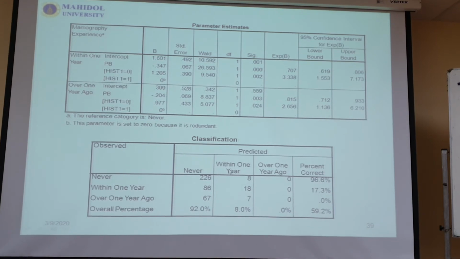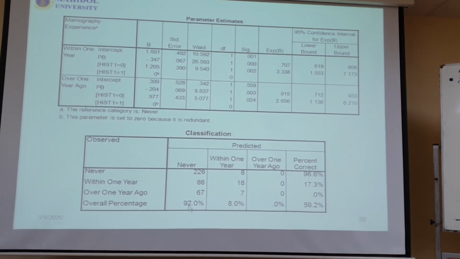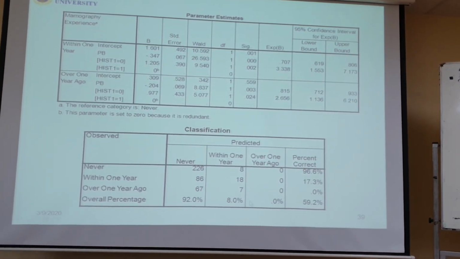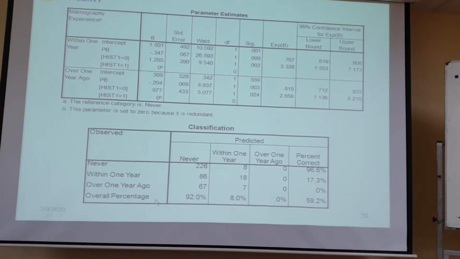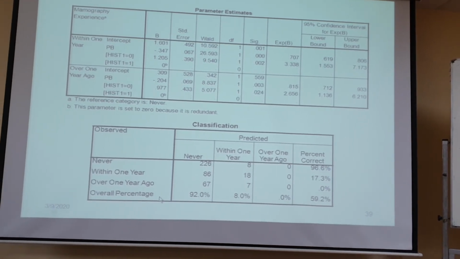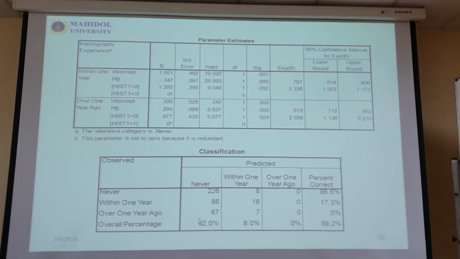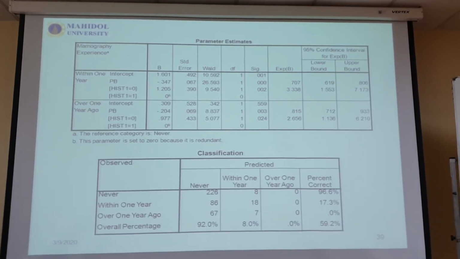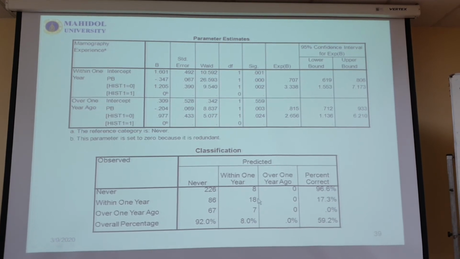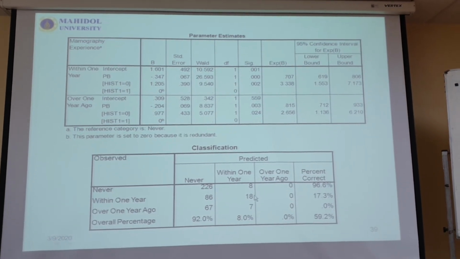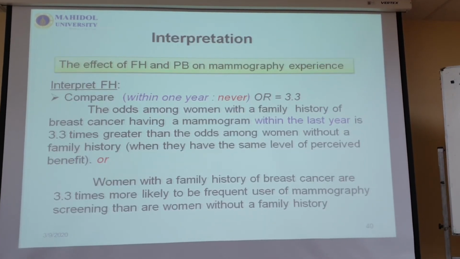If your model is good, you should get a big number of the overall percentage. This means that your model predicts very well only for the category never, but not good for the category over 1 year ago. You misclassify with your model.